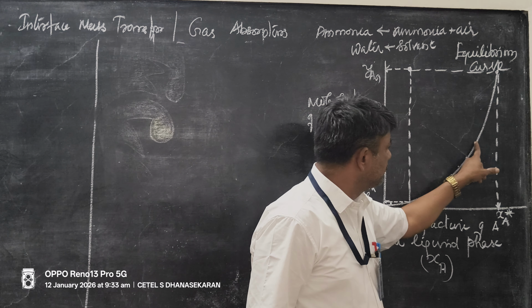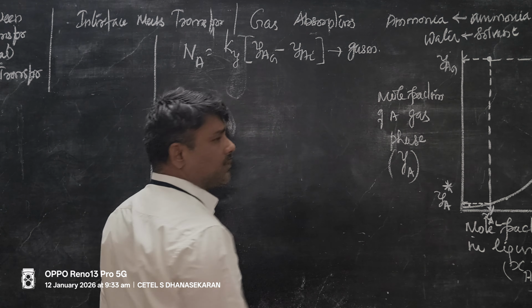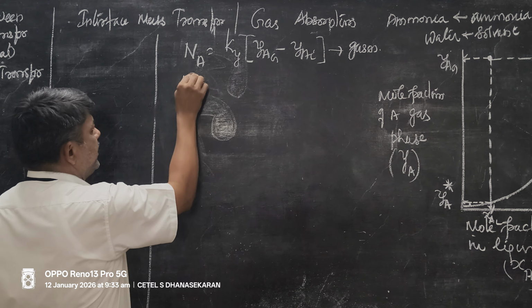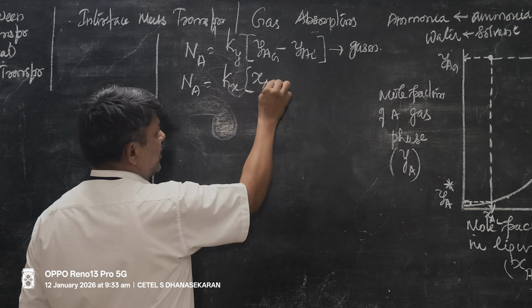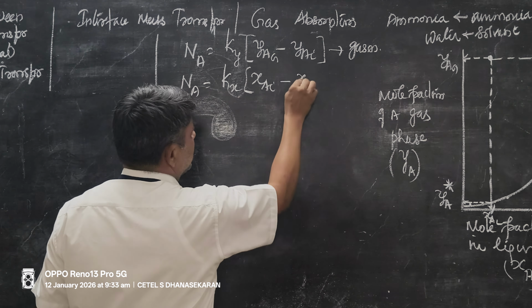For this case, I am going to write the flux equation. NA is equal to small ky into YAG minus YAI. This is the transport of ammonia from the bulk gas to one side of the interface, for gases. Next, NA is equal to kx into XAI minus XAL, from the interface to the bulk liquid.